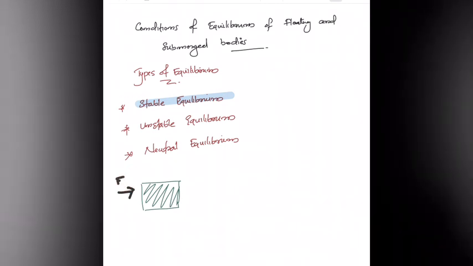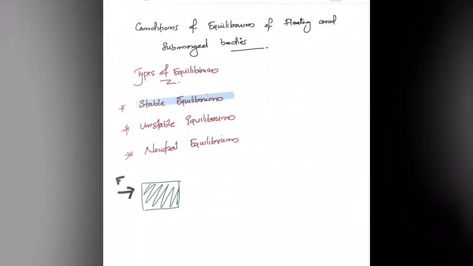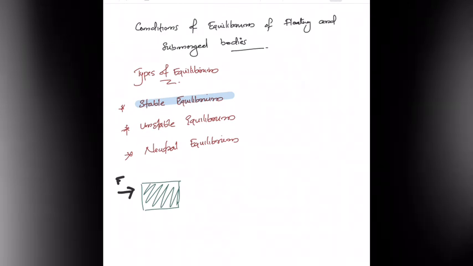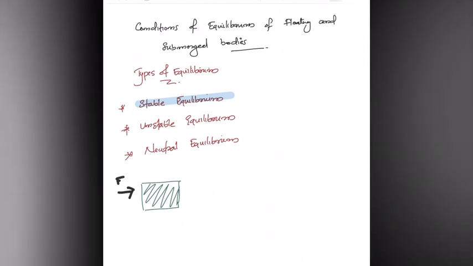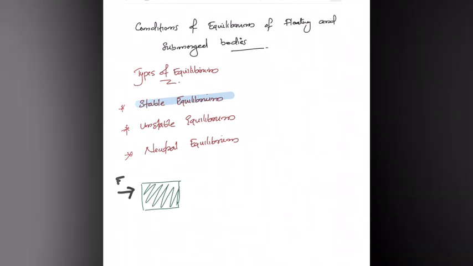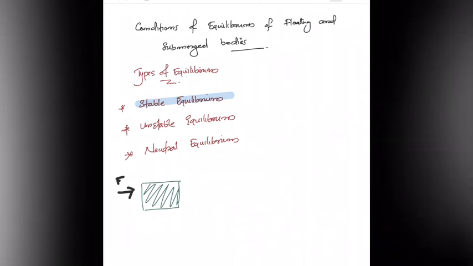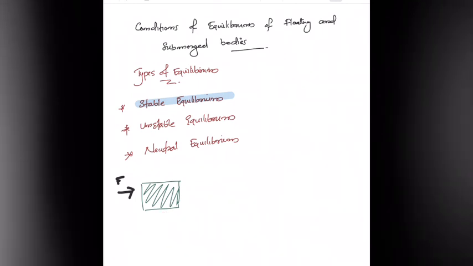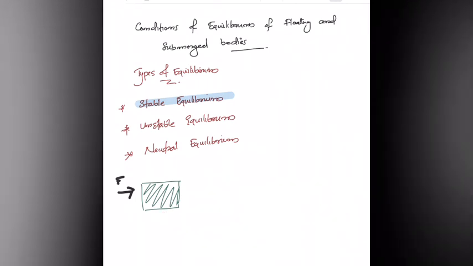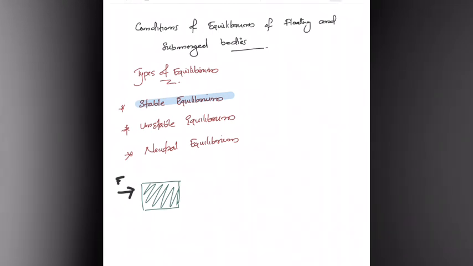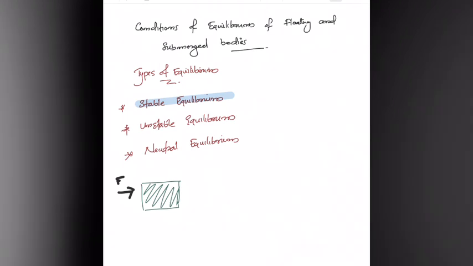It is called stable equilibrium. And the net force or torque that the box experiences will be an internal force. So we won't be applying any force externally. That opposing force will be generated internally. So a system is said to be in stable equilibrium if, when displaced from equilibrium, it experiences a net force or torque in the direction opposite to the direction of displacement. This is called stable equilibrium.